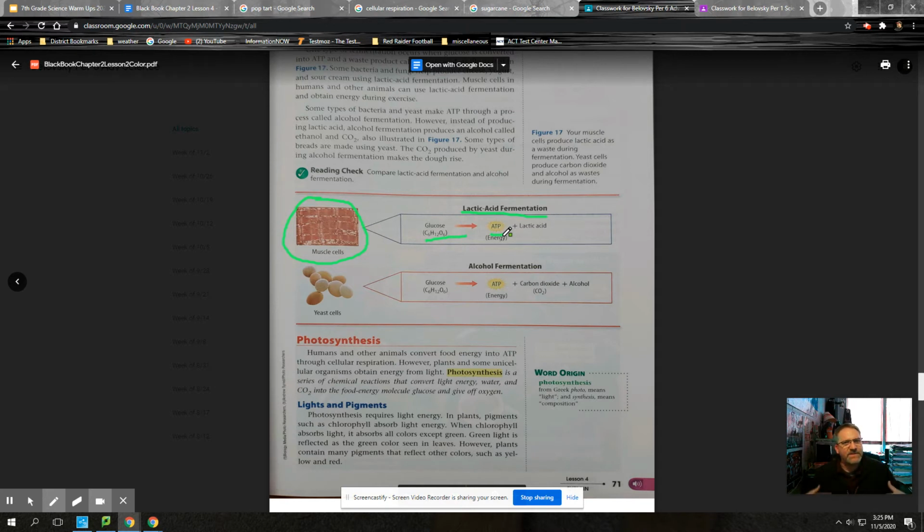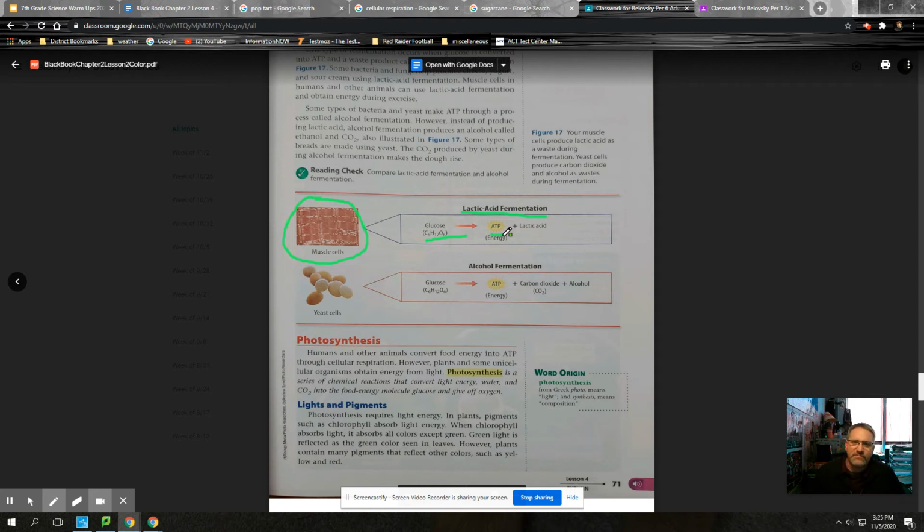And so my muscles just don't stop working. They will keep on working for me, but without oxygen, they burn ATP and create what's called lactic acid.